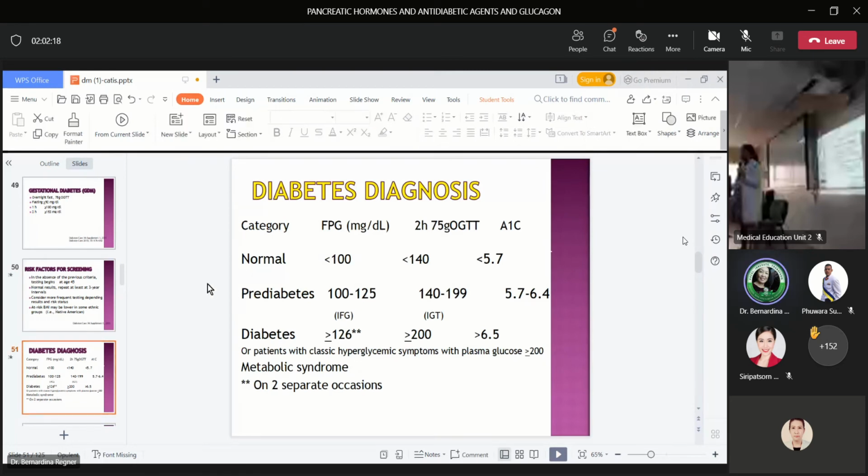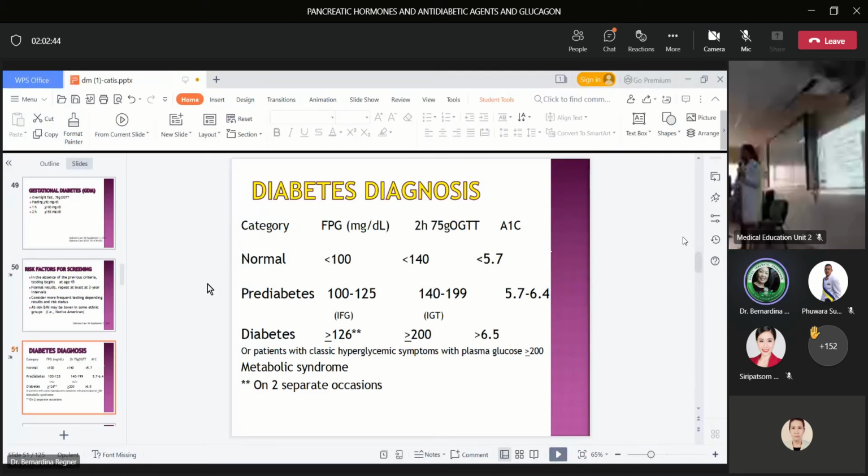Okay? So normal, what is the normal level for your fasting blood glucose? Less than 100. How about for 2 hours, 75 grams oral glucose tolerance test? Less than 140. Then glycosylated hemoglobin should be less than 5.7.